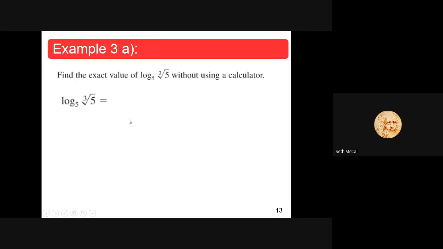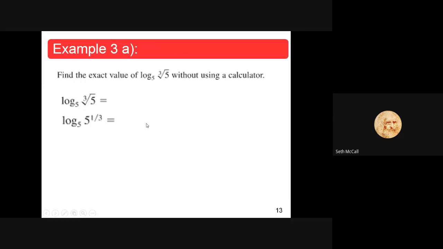One of the tricks to logarithms is anytime you see a square root, cube root, fourth root, fifth root, doesn't matter, whatever kind of root, you should rewrite the root so it is an exponent. Therefore, the cube root gets rewritten as the 1/3 power. Hopefully you remember that.